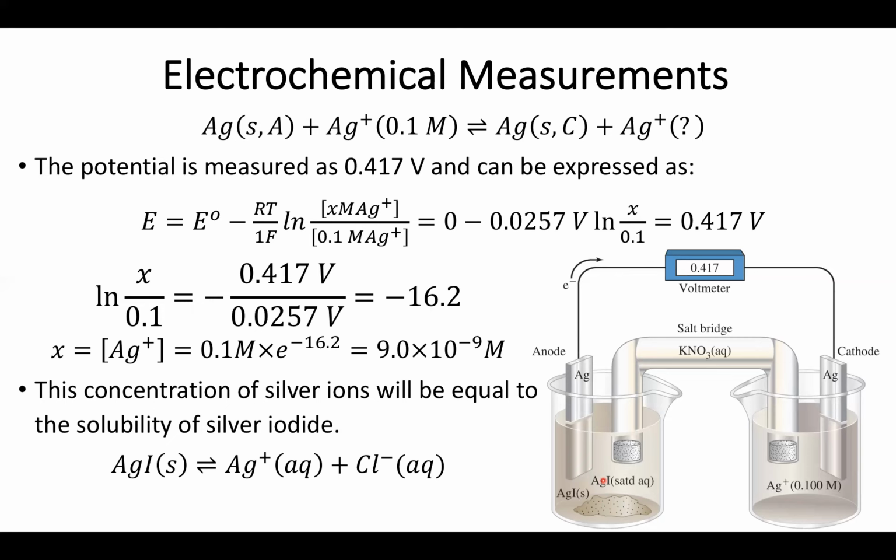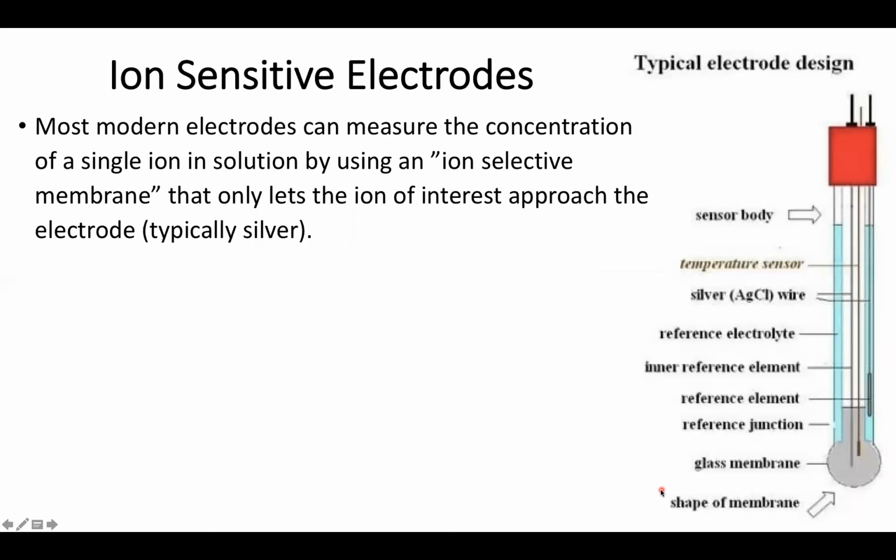which is fairly impressive. However, there are often more elegant ways you can measure the concentrations of ions rather than just trying to set up a full electrochemical cell. One popular approach is to use what's called an ion-sensitive electrode.